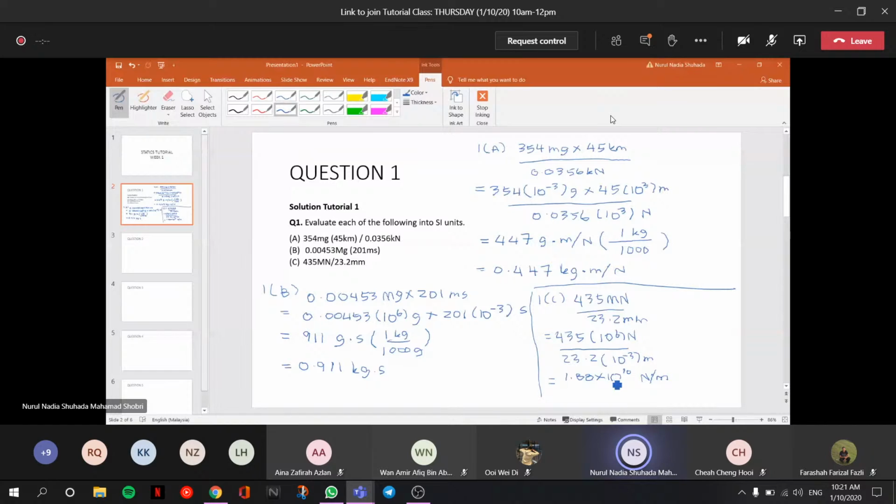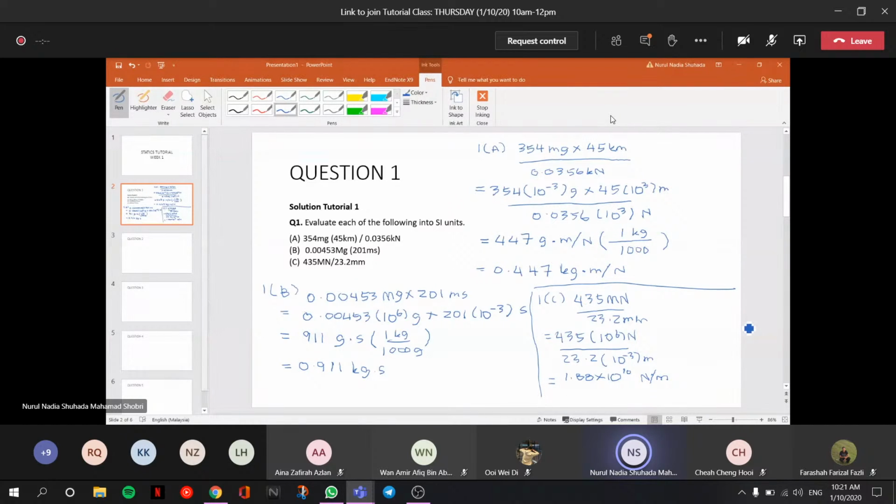The closest prefix would be 10 to the power of 9. So we have to change the 1.88 times 10 to the power of 10 into prefix form.